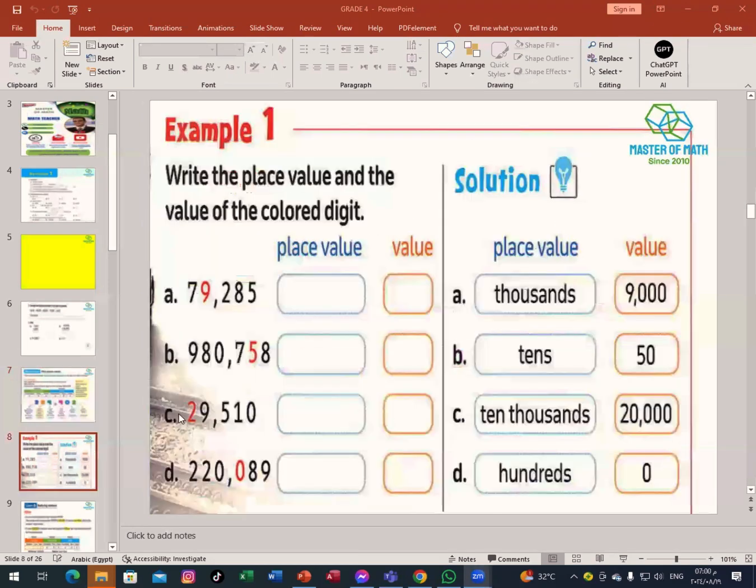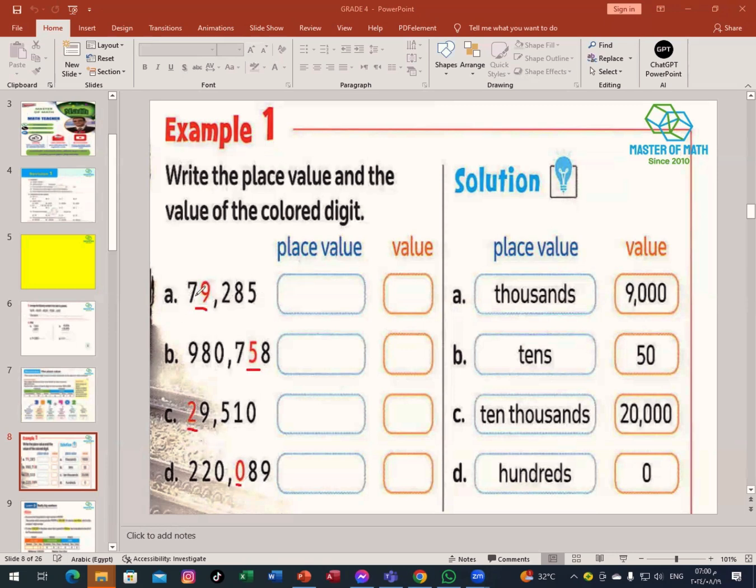It's an exercise to compare place value and value. So when I say place value, I ask the number: where do you stay, in which place: ones, tens, hundreds, thousands, ten thousands, hundred thousands, and so on. The question says: write the place value and the value of the digits colored in red.